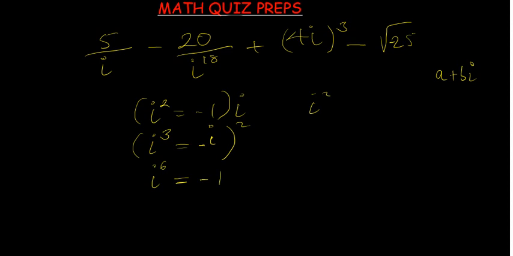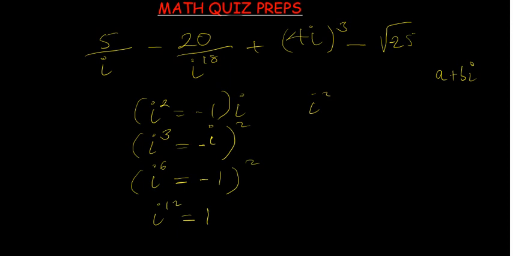Is this okay? Are we moving at the same pace? Okay. Again, we can square this portion. So I to the power 6 squared, that will be I to the 12. And that will be equal to negative 1 squared, which will be positive 1. So I to the 12 is positive 1.